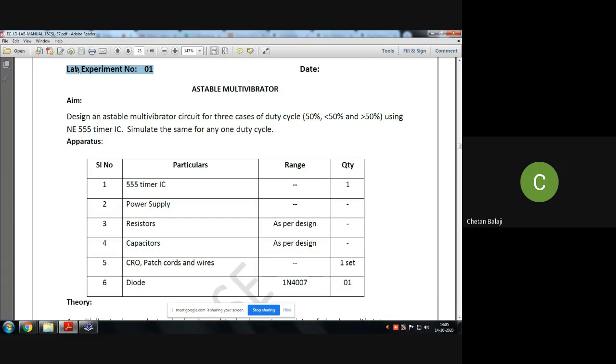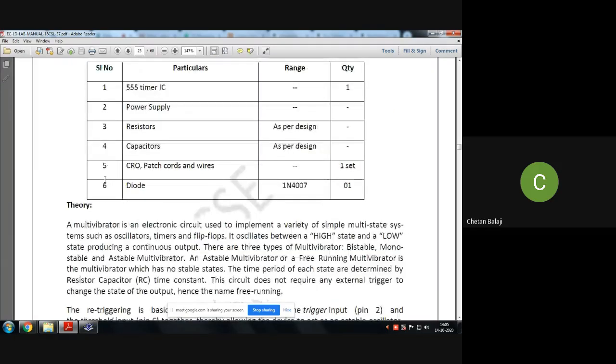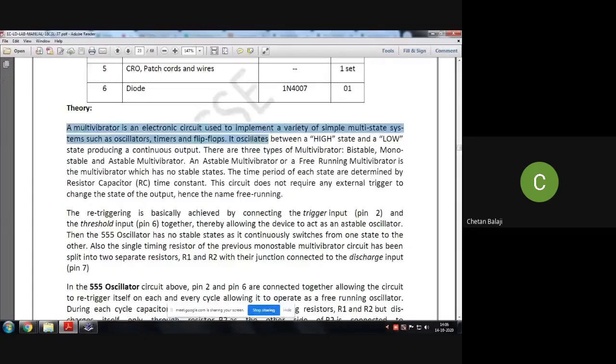Okay, let's see what is multivibrator first. Take up the definition, the line I have marked there.